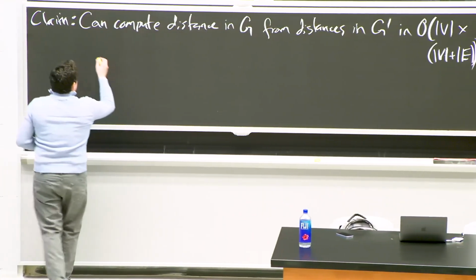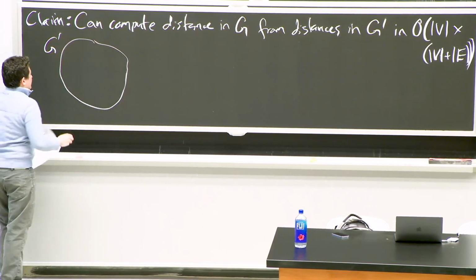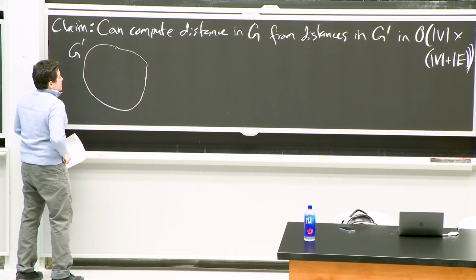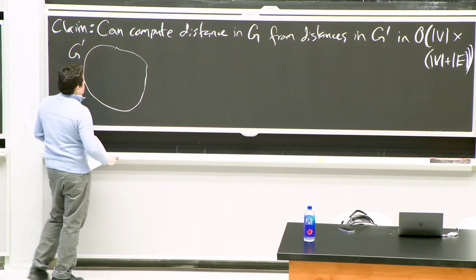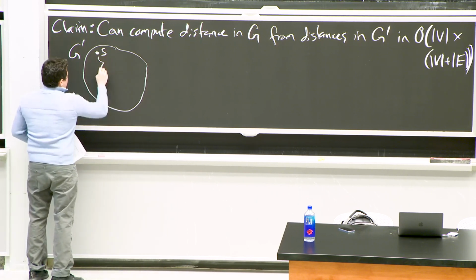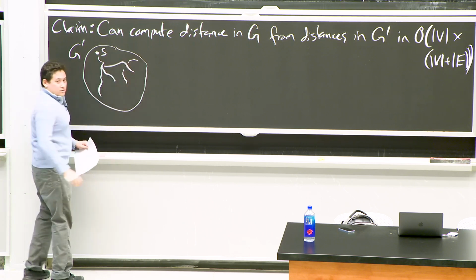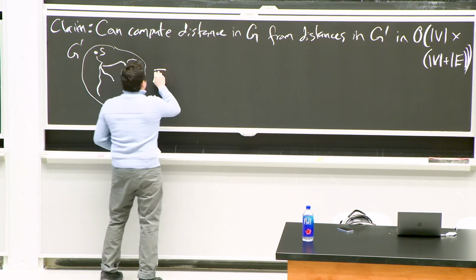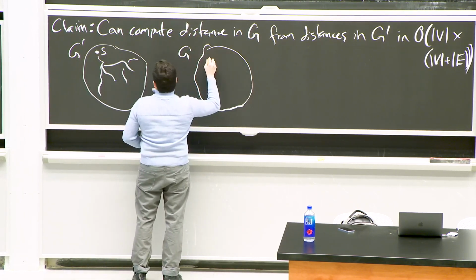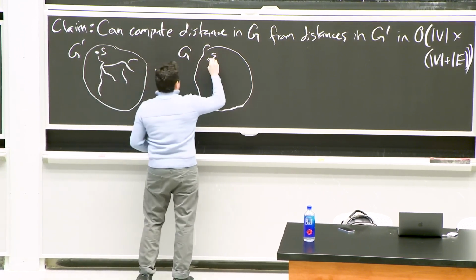What do we do? We have our new graph G prime. It has all positive edge weights, so we run all pair shortest paths in here by just running Dijkstra V times. And then for each vertex S, we have some shortest path tree to all the things that it's connected to, right? We can look at that path in G. This is the same combinatorial graph, just with different edge weights. We can look at that same tree.